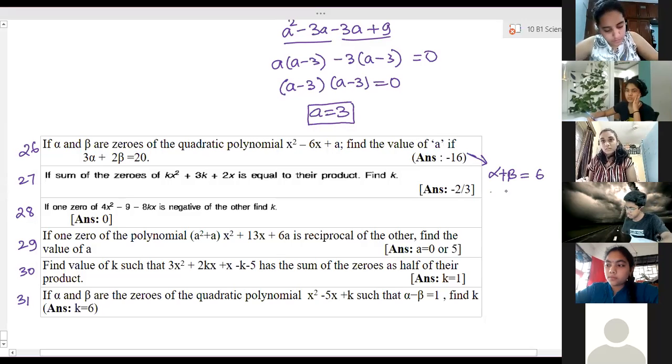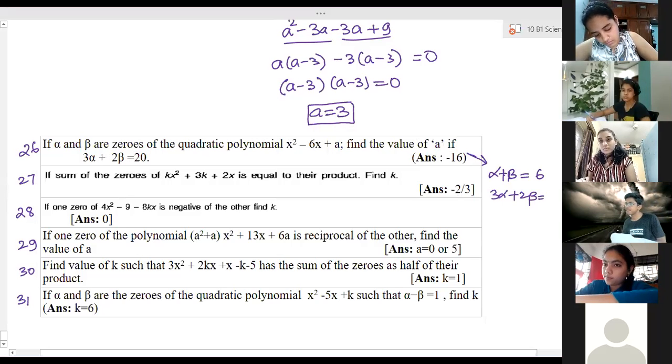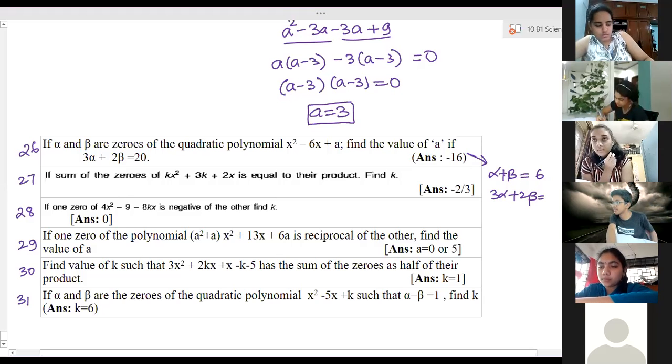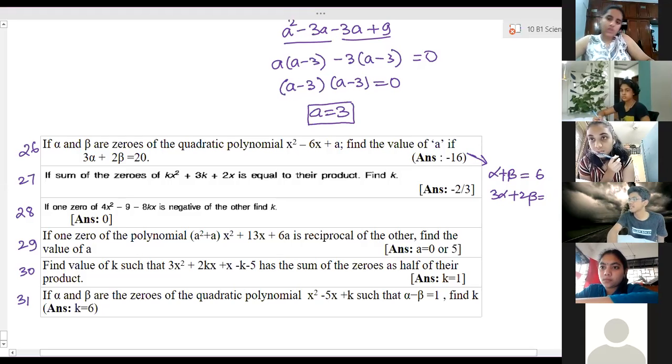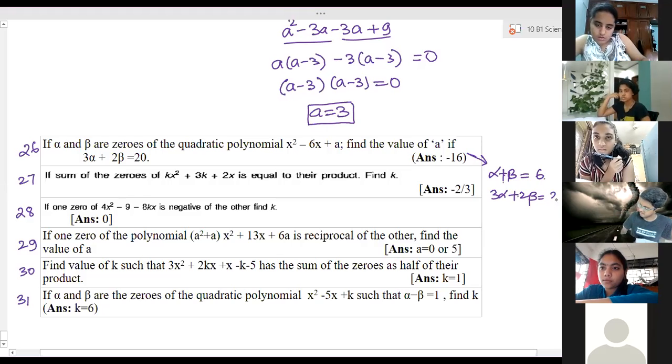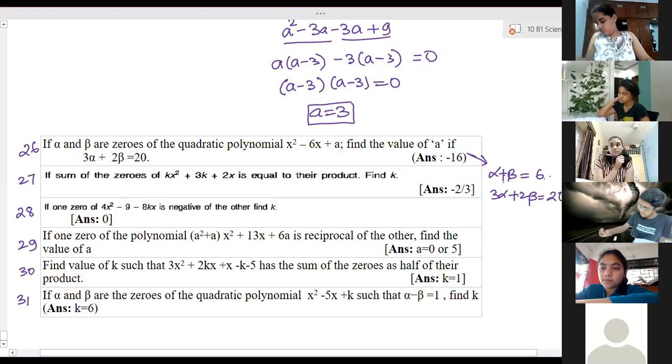And they have given 3 alpha plus 2 beta. Now a will come in. The product alpha beta is equal to a by 1, which is a. So to get the value of a, we need to calculate alpha into beta, the product of the two zeros. So we have two equations, alpha plus beta is equal to 6 and 3 alpha plus 2 beta is equal to 20. Now from this equation, can we write the value of beta as 6 minus alpha?